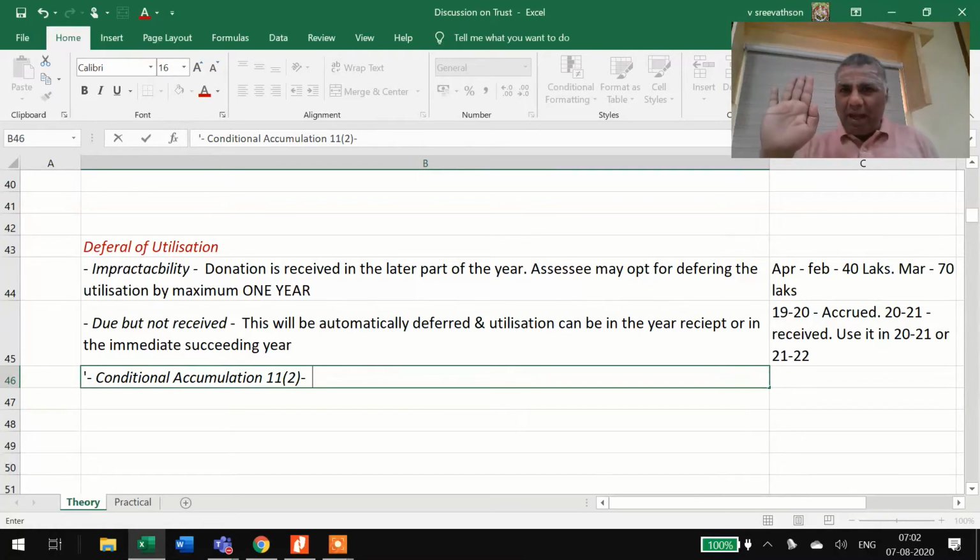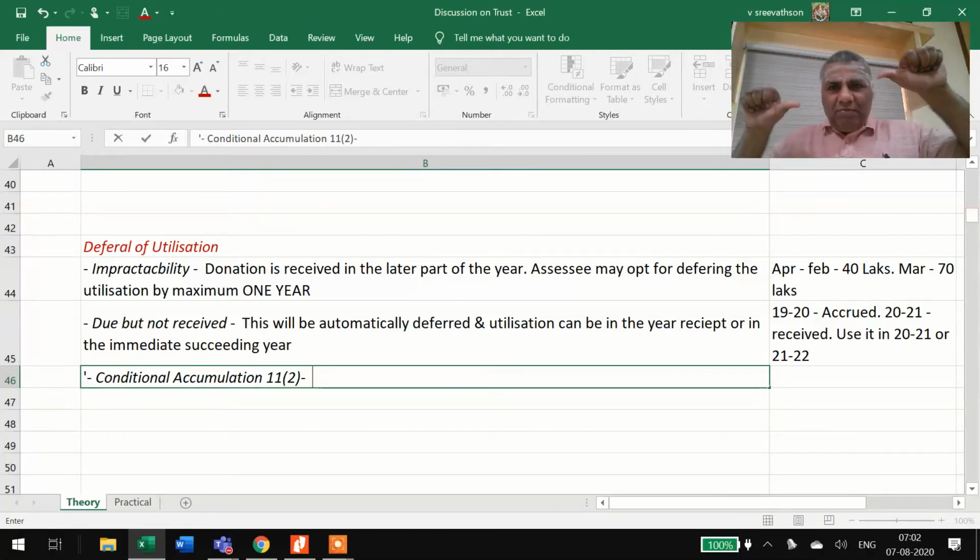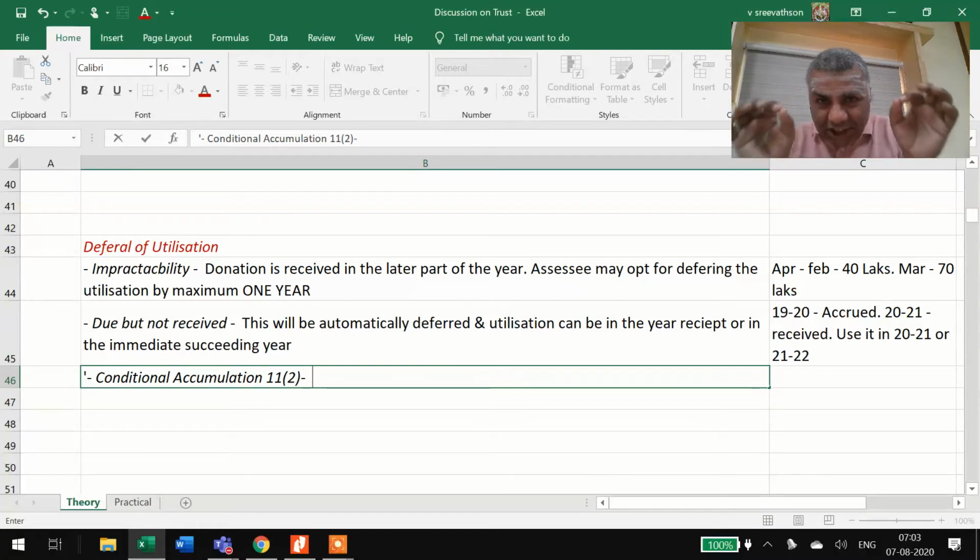So I will make an application to the commissioner. I want to use it for a capital purpose in the near future, so kindly allow me to accumulate. The commissioner will grant you permission, again very automatically. The commissioner will grant permission with a condition that within so much time you should have accumulated and purchased it.